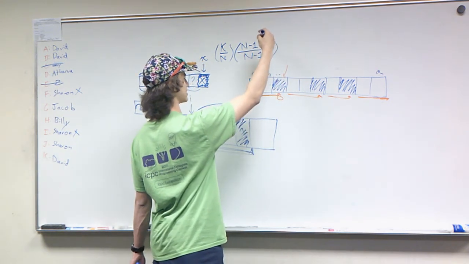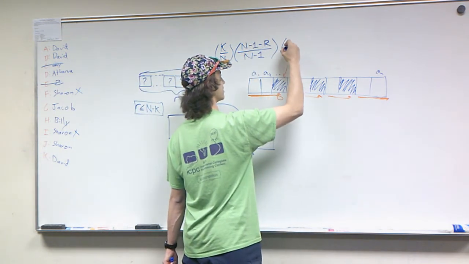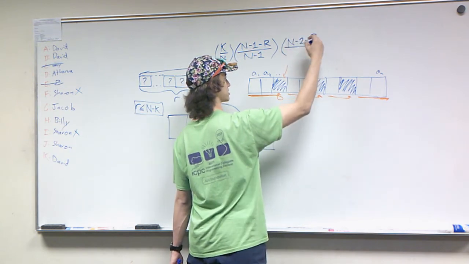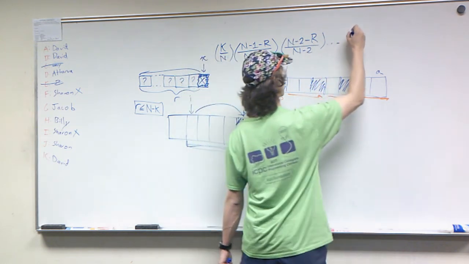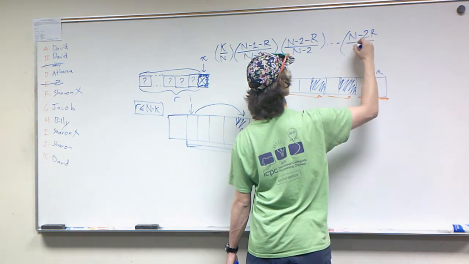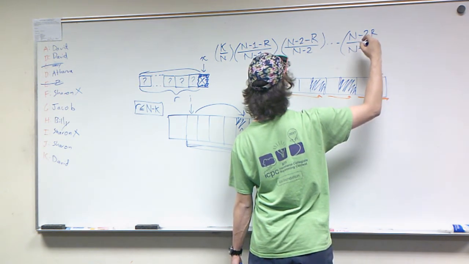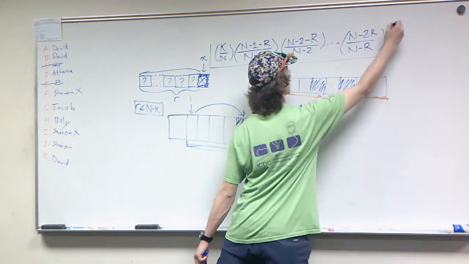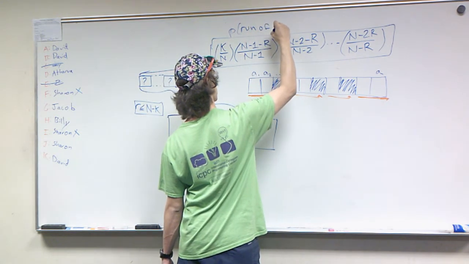So this is for selecting the first box in the run. And for the second, we again have to not select any of these r boxes. We want to keep clear, out of the remaining n minus 2. And so on until you have n minus r. And so this here is the probability of getting a run of r.